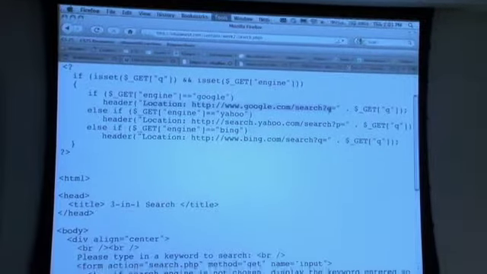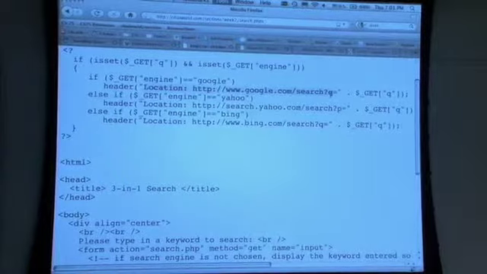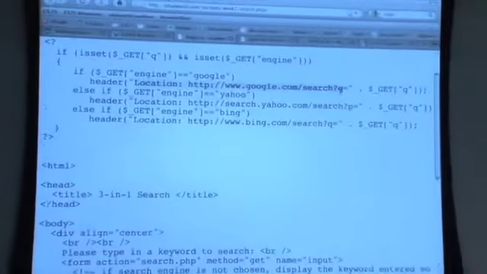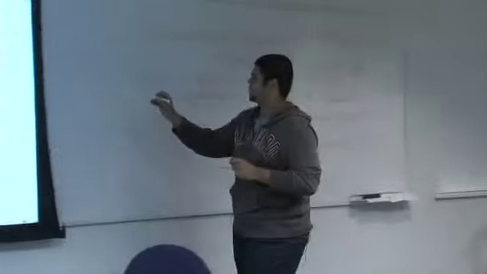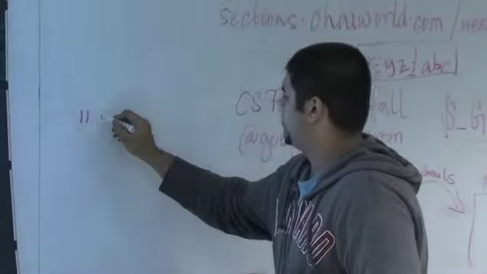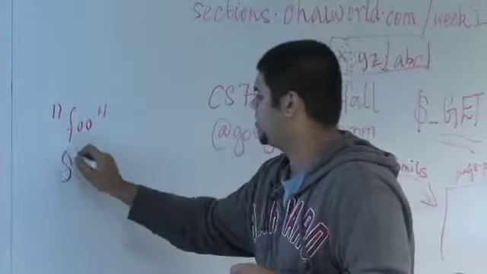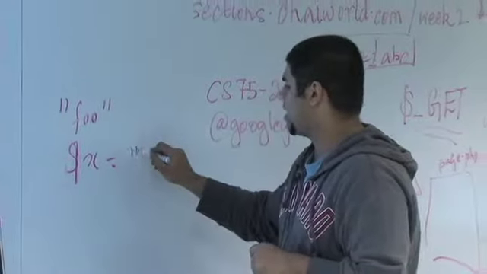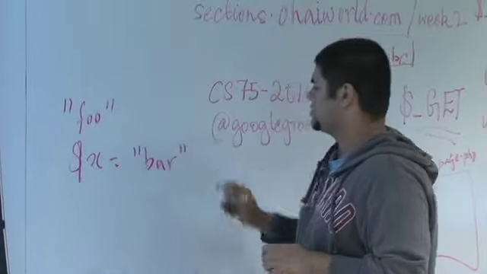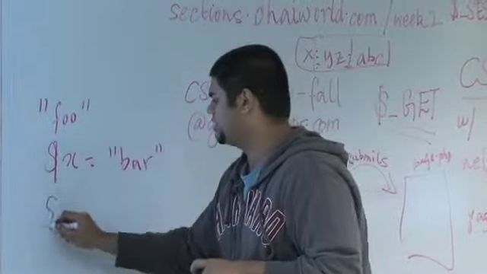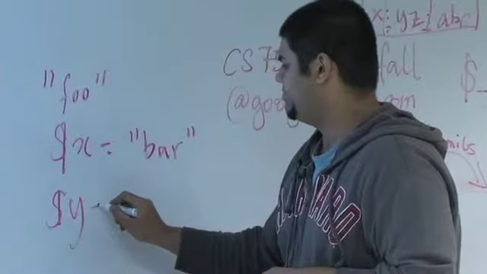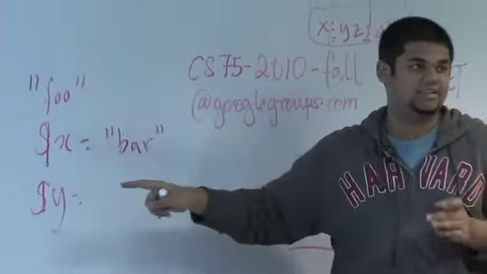So if you have foo as one of your strings, and you've set variable x to bar, let's say I want to store y to be equal to foo dot whatever $x is.